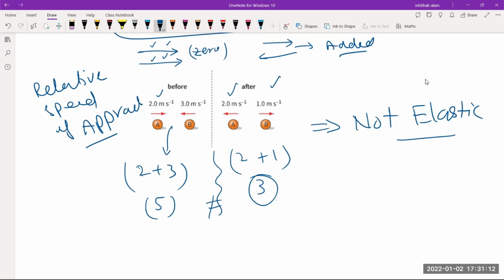In this case, both bodies are going in opposite directions, as the arrows indicate, so you need to add them for the relative speed of approach, which is 5. In the other case, the velocities are given, and still they are going in opposite directions, so we have to add them. The relative speed is now 3. Both are not equal, so it is an inelastic collision. This is not an elastic collision. We can decide just by knowing the relative speed of approach and relative speed of separation.